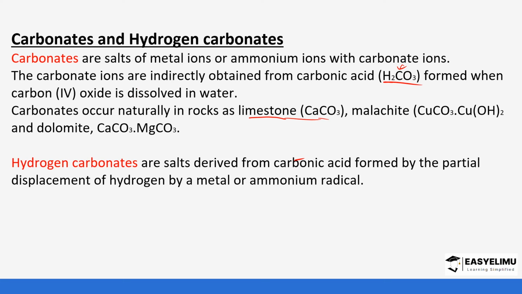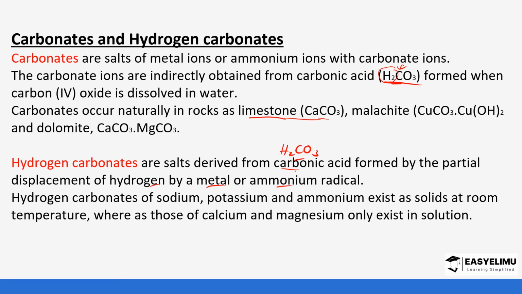Hydrogen carbonates are usually derived also from carbonic acid, from the partial displacement of the hydrogen by a metal or ammonium radical. When we were discussing how carbonates are formed, we said it's displacing the whole of the hydrogen ions in carbonic acid, but hydrogen carbonates are formed when the hydrogen ions are partially displaced.